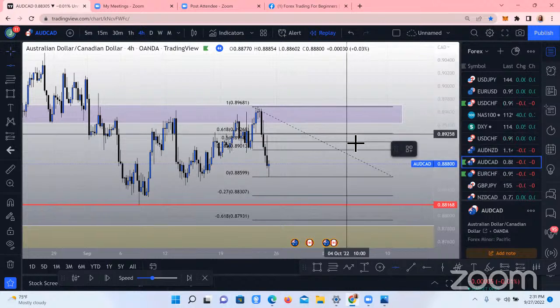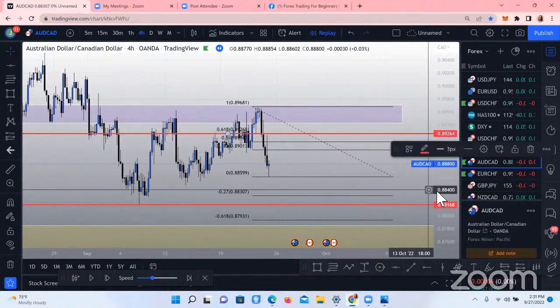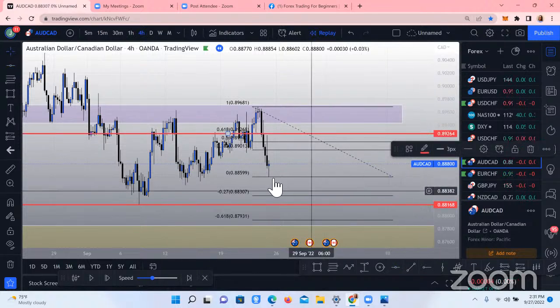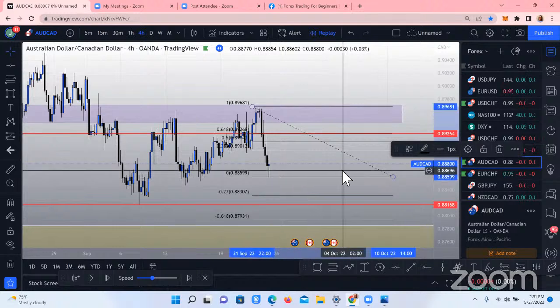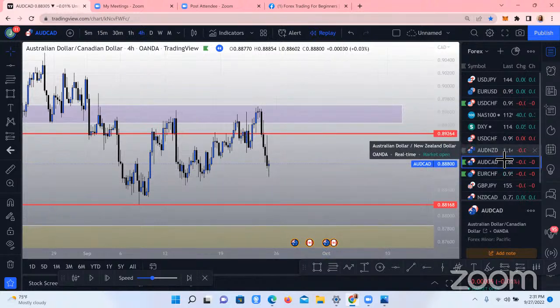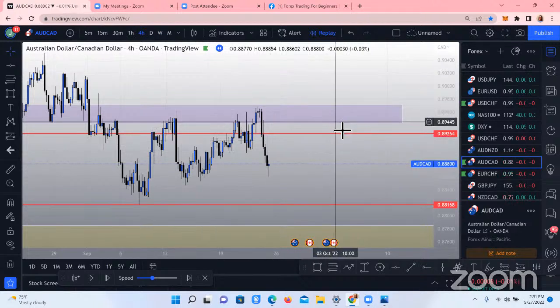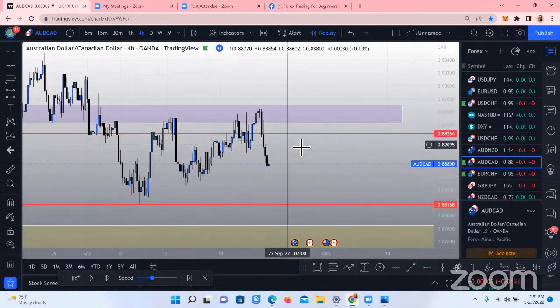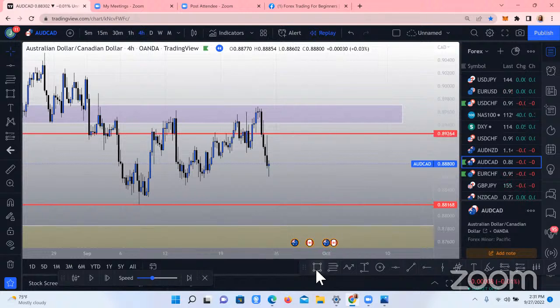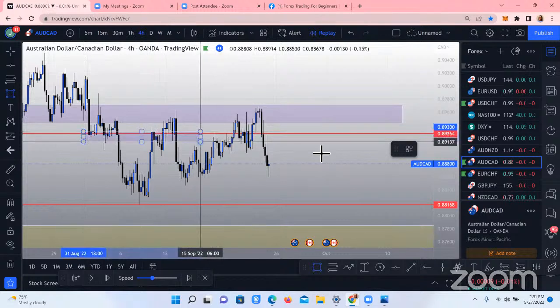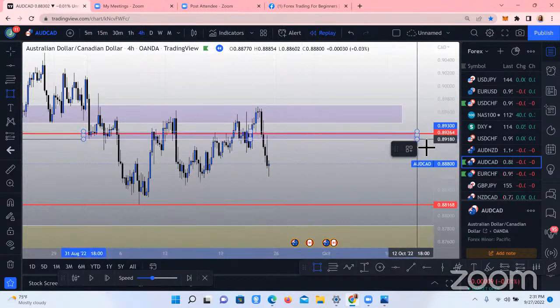And we know if price comes back around here and it starts moving weird, we know for a fact we want to get in around this area right here, because it may not come all the way up. It may not come up here. It may stop right here and pull back. So we want to be cognizant of this area as well.